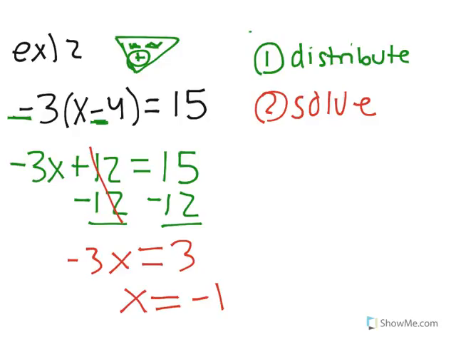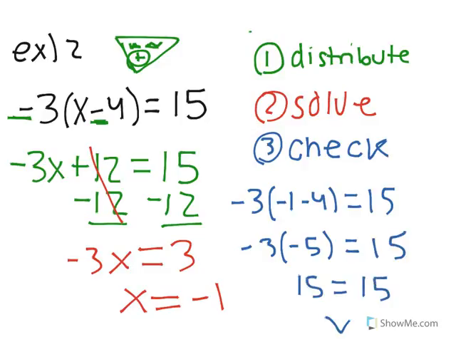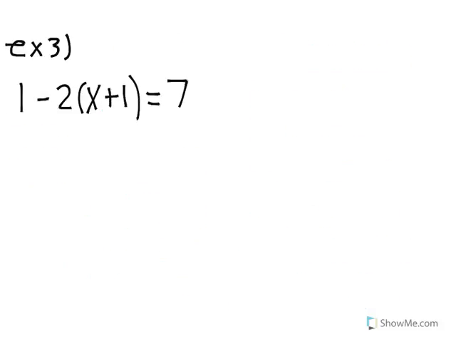And then we will do our check step. Negative times a negative, as indicated by negative man, is going to be a positive, so it's going to be 15 to the 15. Woohoo! So you have to watch out for those negative numbers.